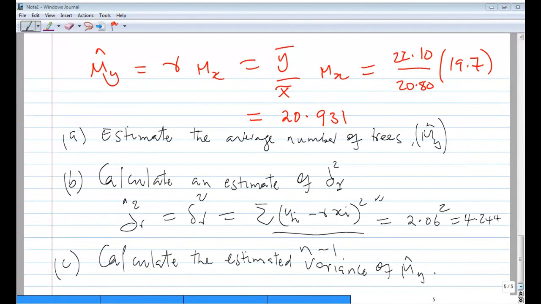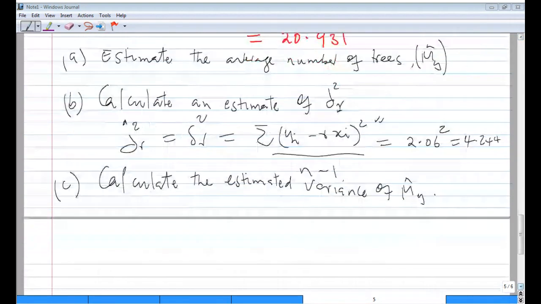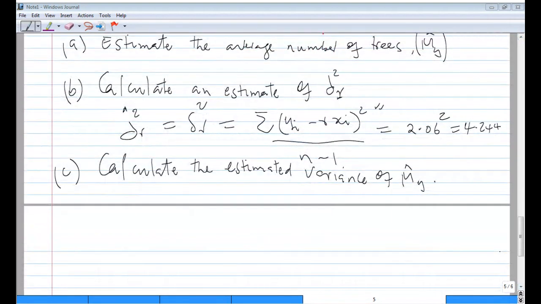How do we calculate that? Come with the formula.